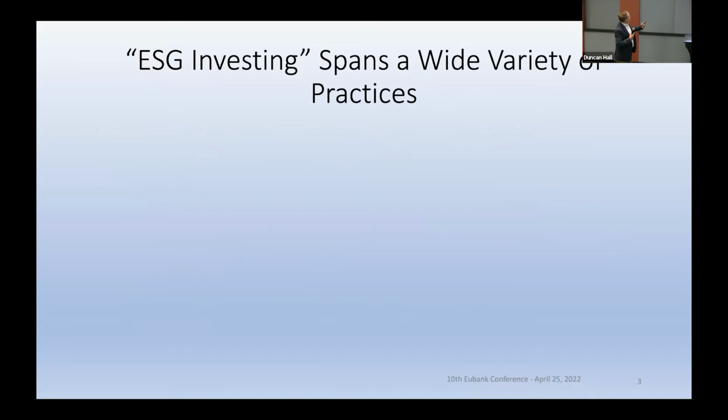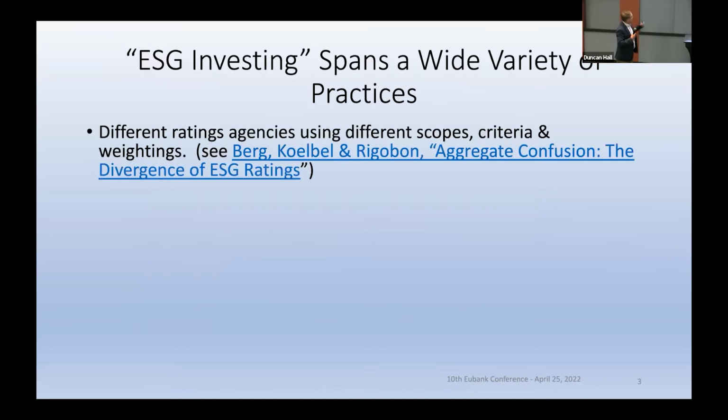So, what ESG means varies. There's no set definition. The Europeans have attempted to put a little bit of a regulatory structure on it. There's a great paper available on SSRN by Berg, Koelbel, and Rigobon, which goes over the ESG scoring.